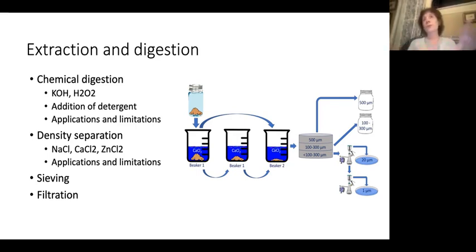So filter through, say, a 50 micron filter, a 20 micron filter, and a 10 or 5 micron filter, depending on what size you're going down to, to size fractionate your sample. And so you're able to look at plastics of different sizes when you're doing your microscopy and eventually your analytical identification.